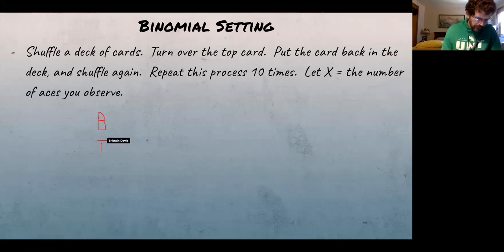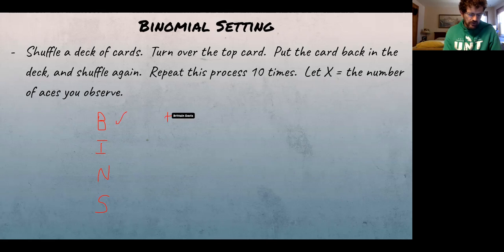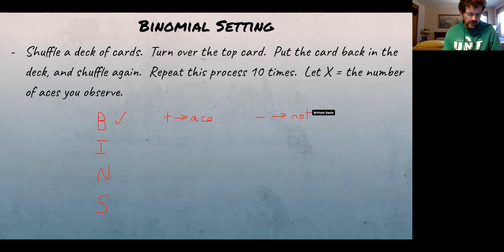All right. So I'm going to use BINS as my checklist here. I'm going to start at the top. Is it binary? Yes, it is. What is the success here? Getting an ace. What is a failure? Not getting an ace.